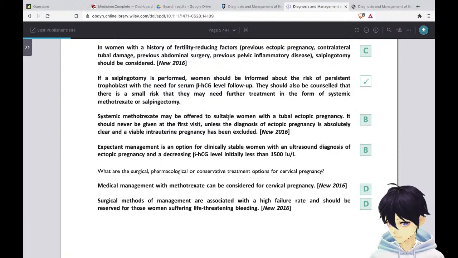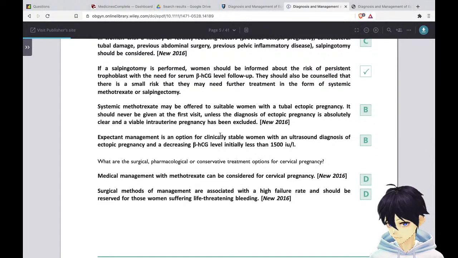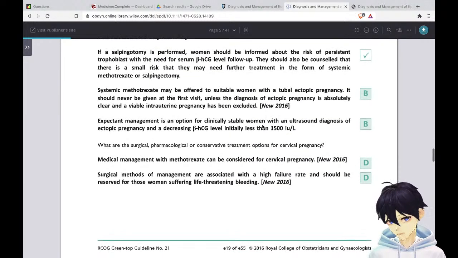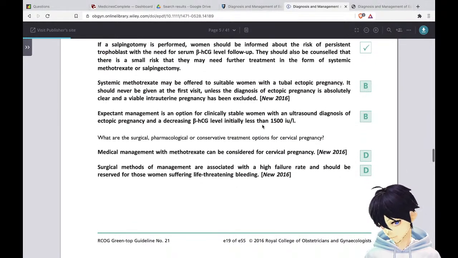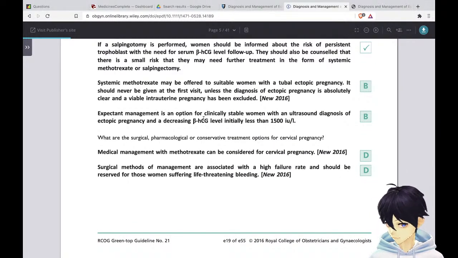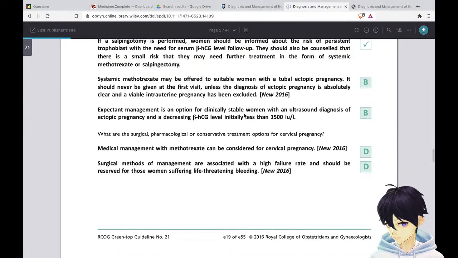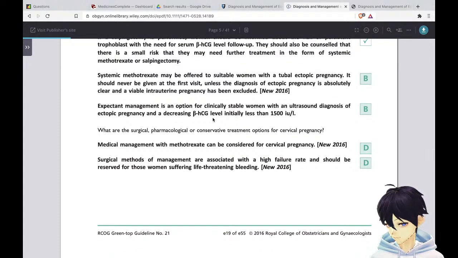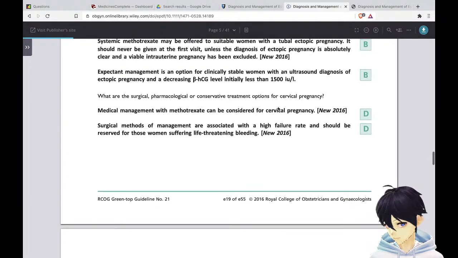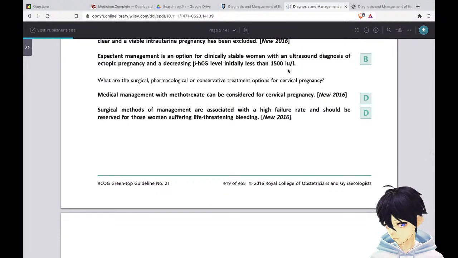Systemic methotrexate may be offered to suitable women with a tubal ectopic pregnancy. It should never be given at the first visit unless the diagnosis of ectopic pregnancy is absolutely clear and a viable intrauterine pregnancy has been excluded. Expectant management is an option for clinically stable women with an ultrasound diagnosis of ectopic pregnancy and a decreasing beta-HCG level initially less than 1,500 international units.